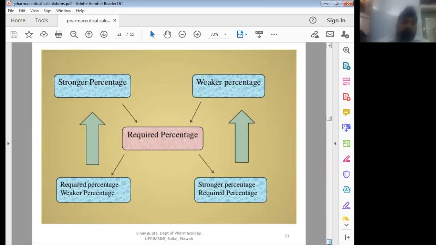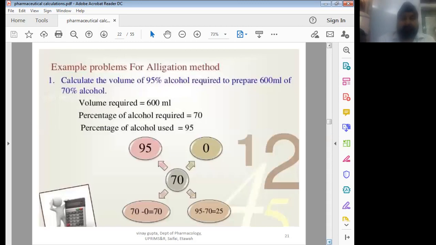Similarly, if we subtract the weaker percentage from the required percentage, we'll keep the value towards the strong percentage side, which will give us the volume required from the strong percentage so as to prepare the required percentage. Let us take an example.